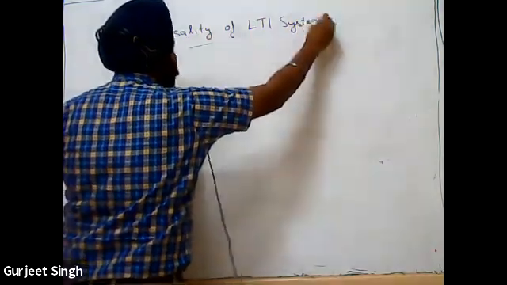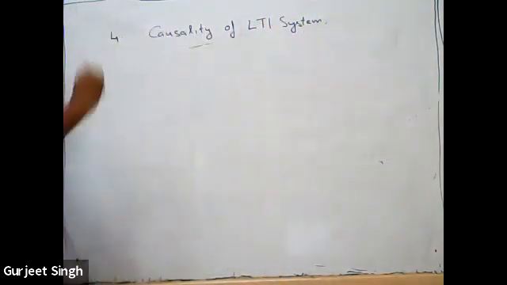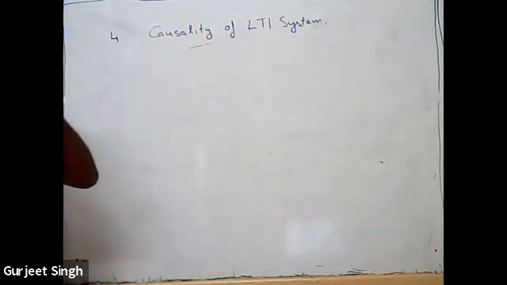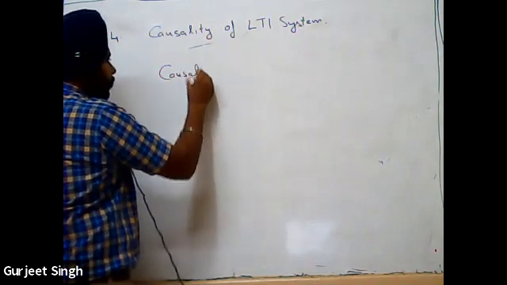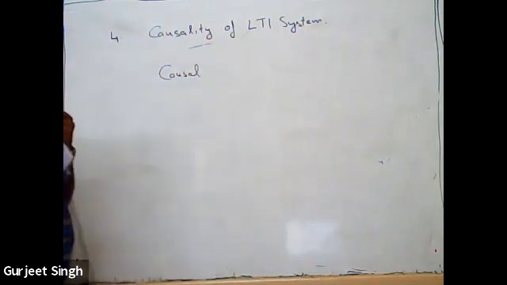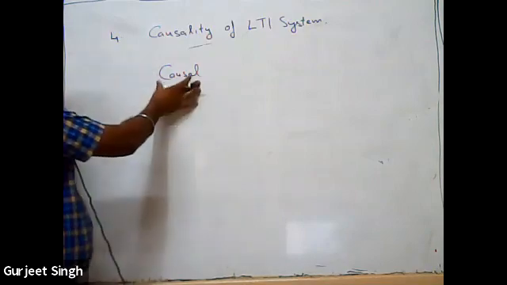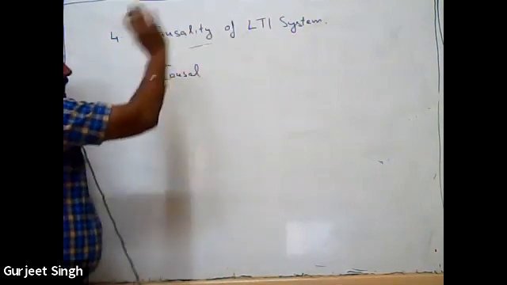So this is the fourth property of LTI systems. In the last lecture we discussed the causal system and the non-causal system. I will explain what a causal system is generally, and then we will discuss causality in the LTI system.